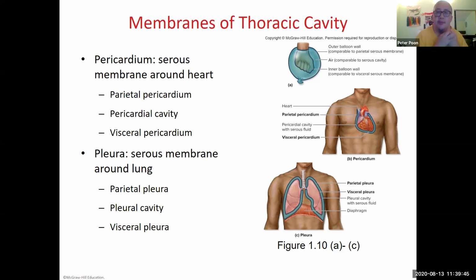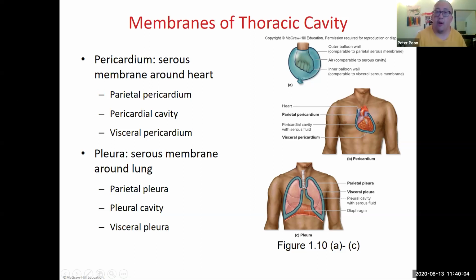The way to explain the membranes really is this picture right here with the balloons. It's the best explanation. You put your hand in the balloon, your hand is the organ, and the part of the balloon your hand is touching is the visceral layer. For example, this heart will be called visceral pericardium.